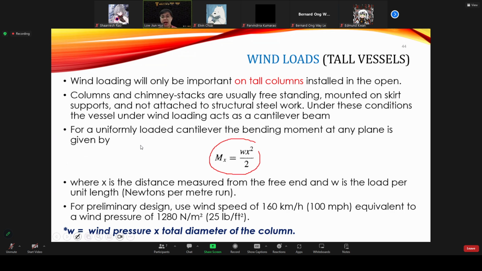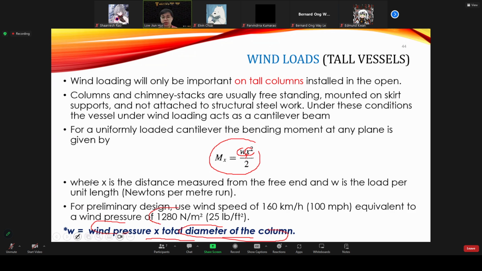X is the height of the column or the tower. W, how to calculate? By using the equation here: wind pressure multiplied with the total diameter of the tower or column that you are going to evaluate. What is wind pressure?